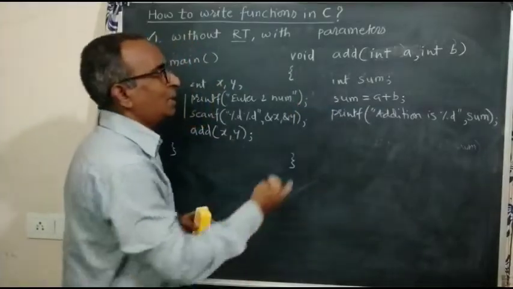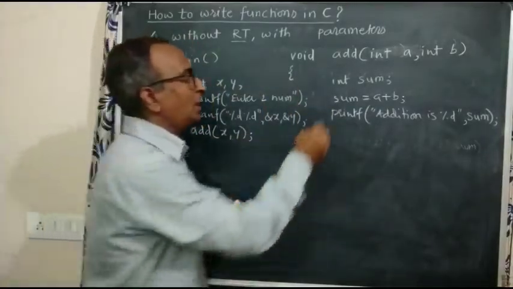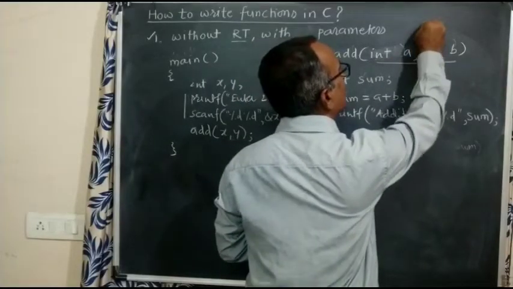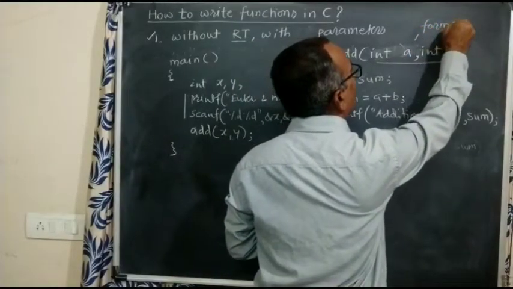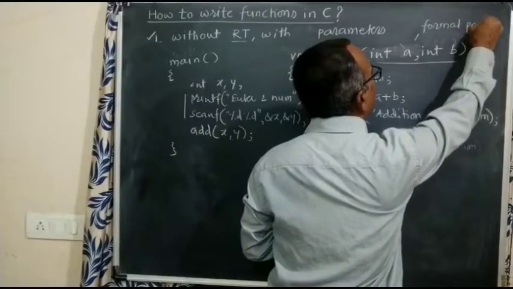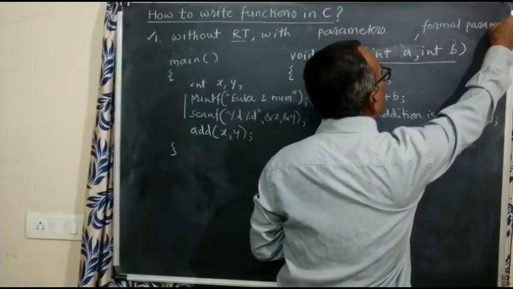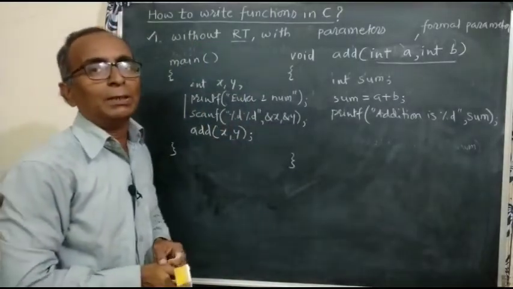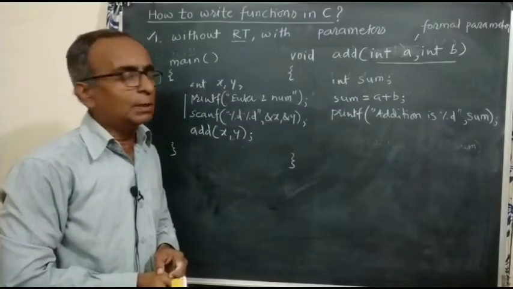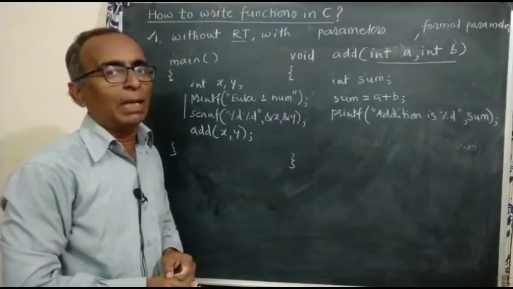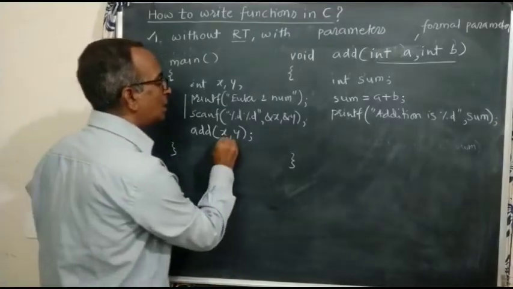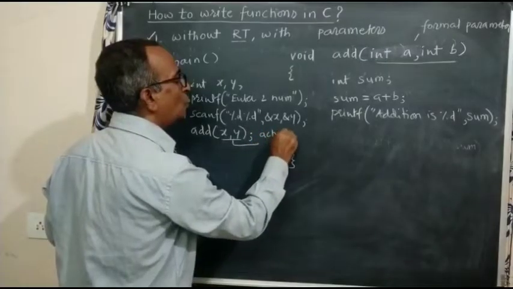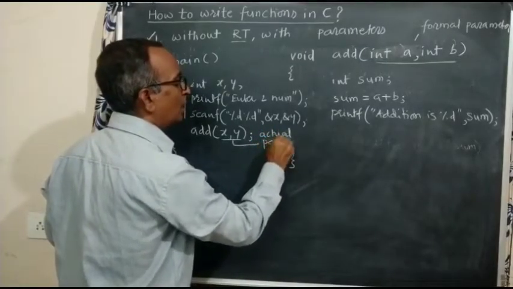Now as you see in functions, these are formal parameters. What is a formal parameter? Parameters declared in the function definition are called formal parameters, and parameters in the function call are called actual parameters.